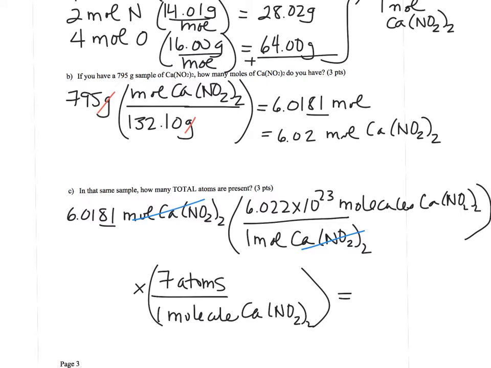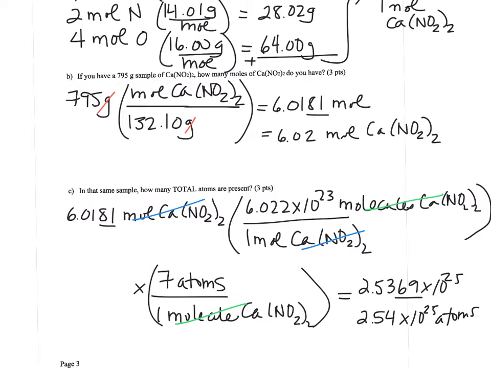And that's going to allow my molecules to cancel. And it's going to give me a final answer of 2.5369 times 10 to the 25th, which to the right number of sig figs is going to be 2.54 times 10 to the 25th atoms. And this is all the atoms, atoms of calcium, nitrogen, and oxygen.